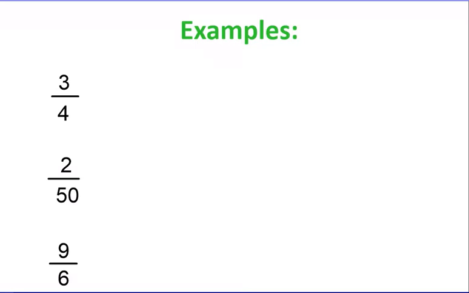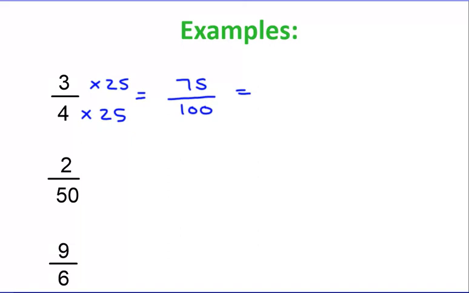All right, let's look at another example, 3 over 4. So 4 can go into 100 if we multiply times 25, but remember, whatever we do to the bottom, we also have to do to the top. So 4 times 25 is 100. 3 times 25 is 75.